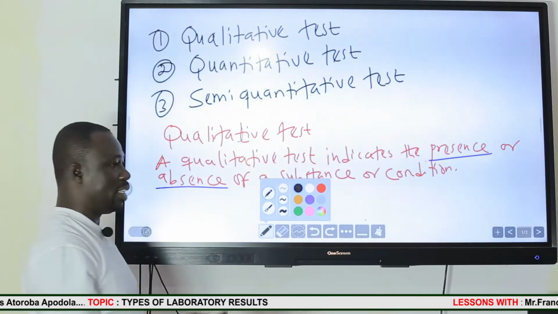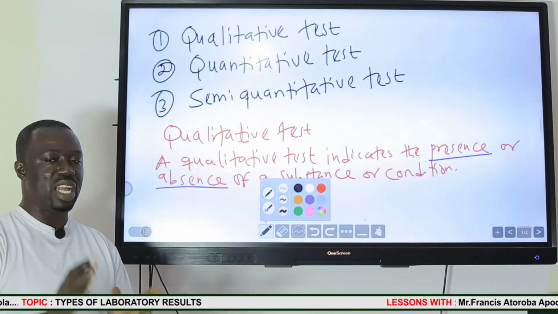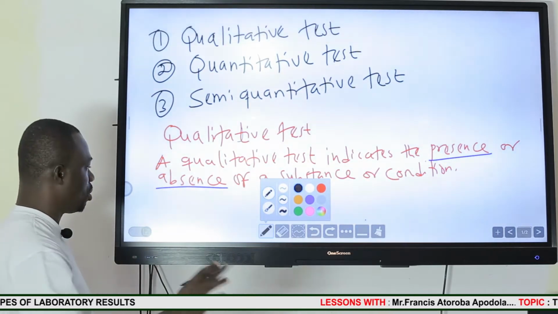Now let's look at when the substance is present, how does the lab scientist report the test result?